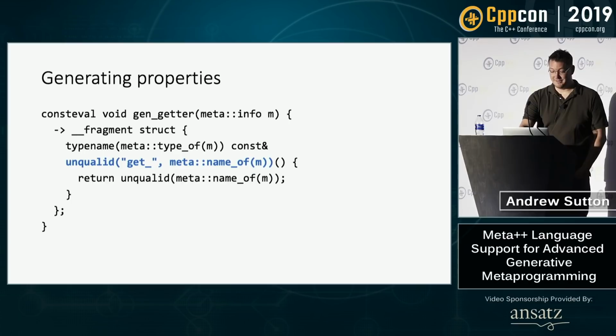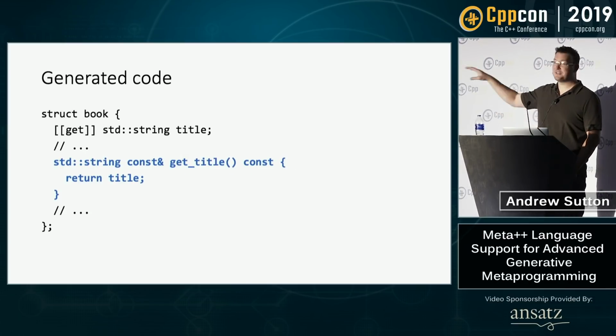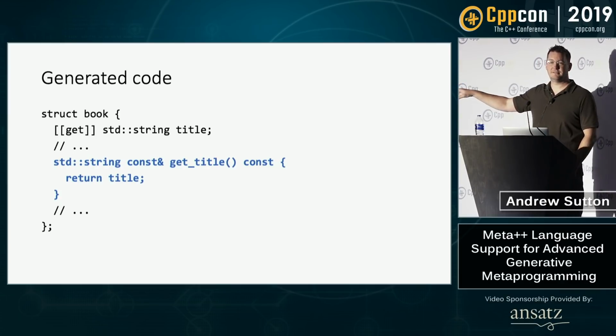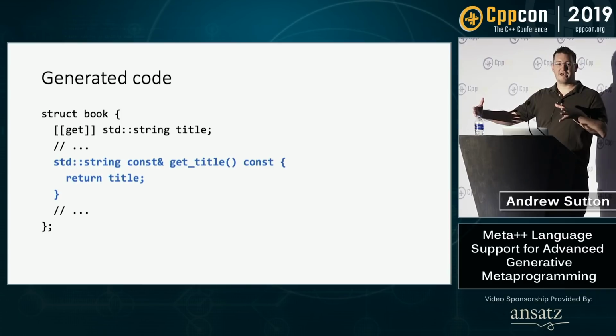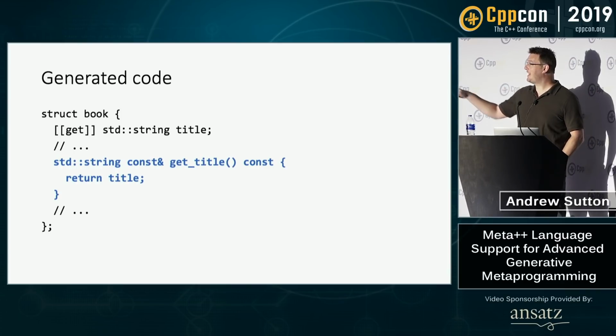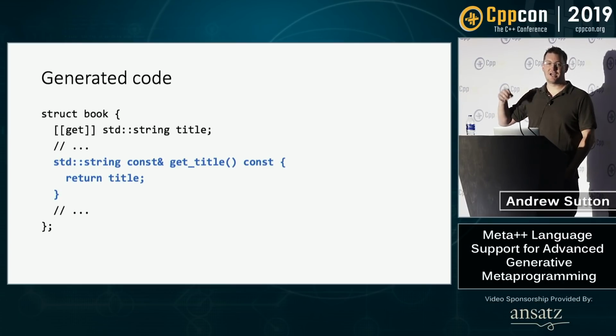Now, there is a little bit of an interesting thing here. This is actually injected in 2 parts. So we inject the declaration first, just to create get title, and then imagine it being followed by a semicolon. And then at the end of this class, we actually go back and inject the definition. We create the definition later.